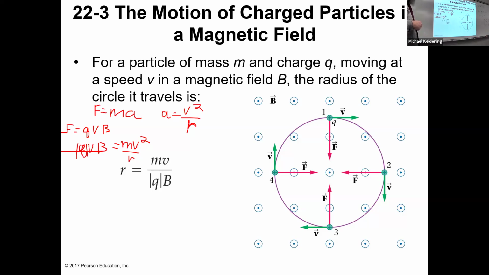So charge times velocity times magnetic field equals mass times acceleration, and acceleration is v squared over r. One of the velocities cancels, and if you solve for r, you get r equals mv over qB.